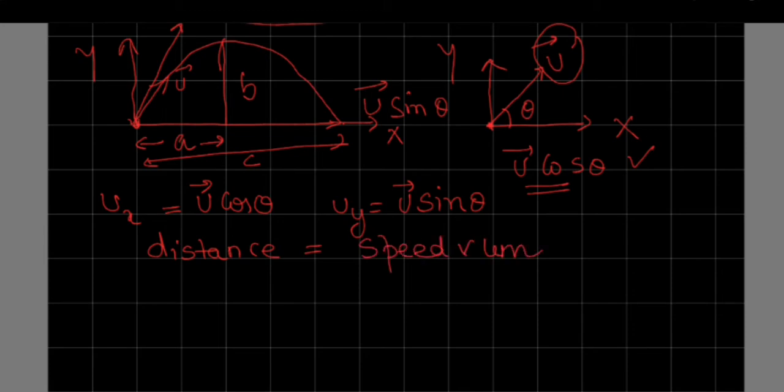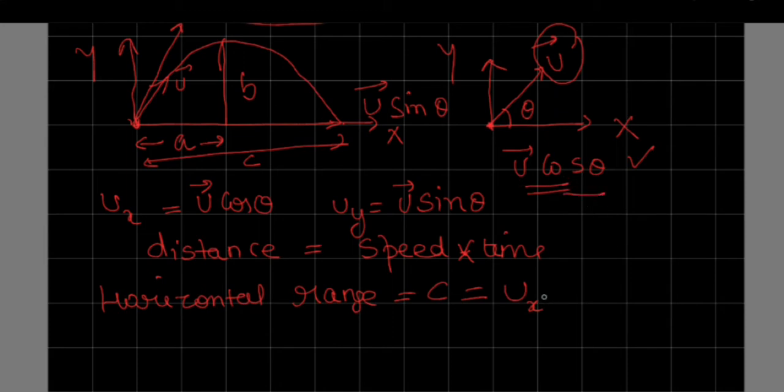So if you are talking about the horizontal distance, or you can say horizontal range, which is c here, it would be ux, because it is horizontal, that means you will take the horizontal component, ux, so let it be ux t.